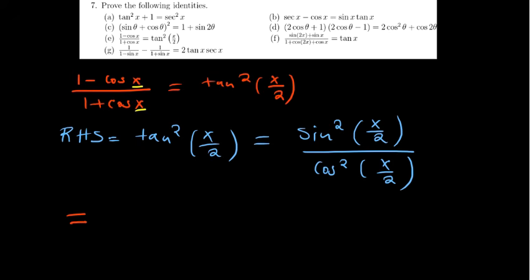Remember we said it deals with only cosine as results. So if you have the square of sine, it will be 1 minus cosine of theta over 2. In this case we've got x over 2, so it will be 1 minus cosine of x over 2.